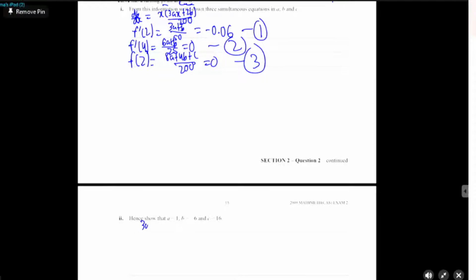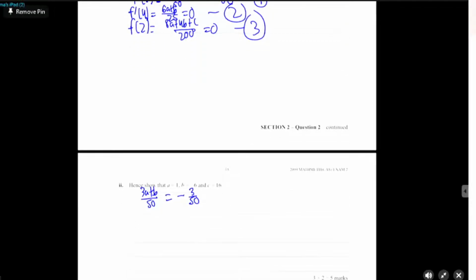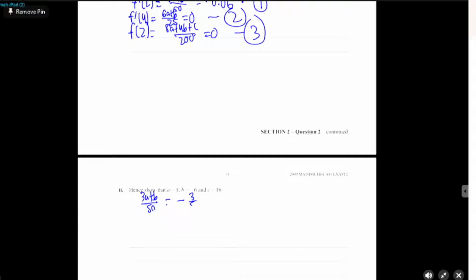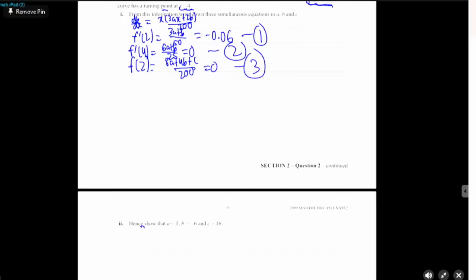So (3a plus b) over 50 equals negative 3 over 50. So 3a plus b equals negative 3. What you can do is just write down the equations.